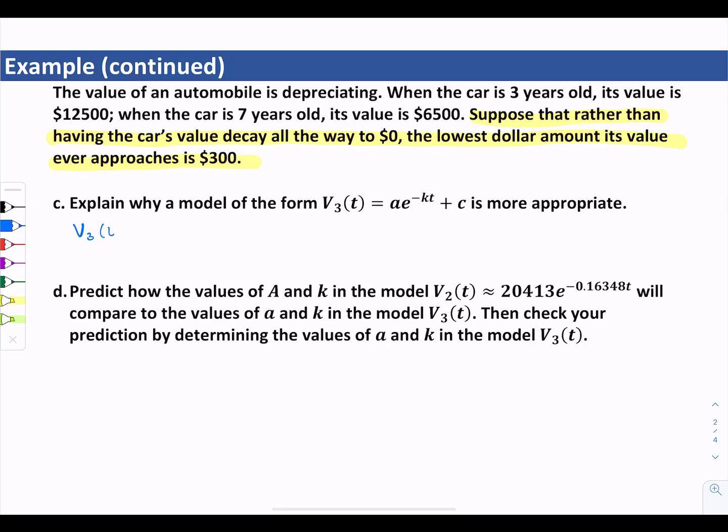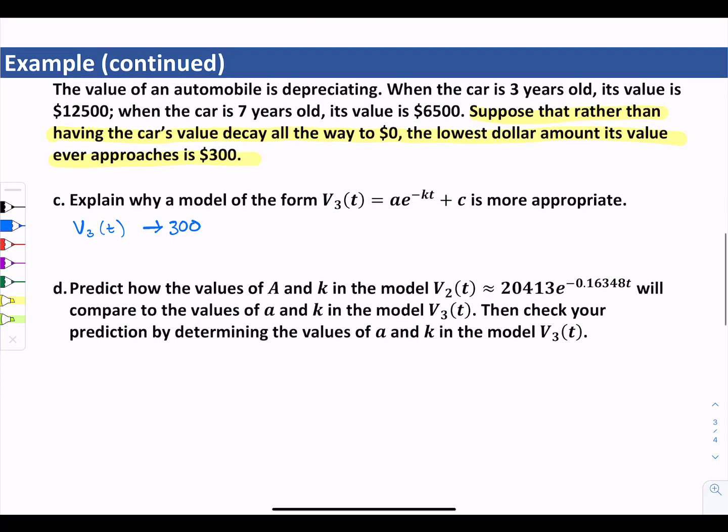So if we're told that the car's lowest dollar amount its value ever approaches is $300, we're really being told that the value of the car tends towards 300 as t increases without bound. And we know from our previous study of exponential functions and transformations that this model, v sub 3, is going to tend towards the value of c as t increases without bound.